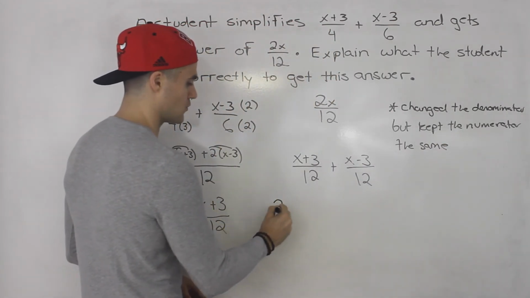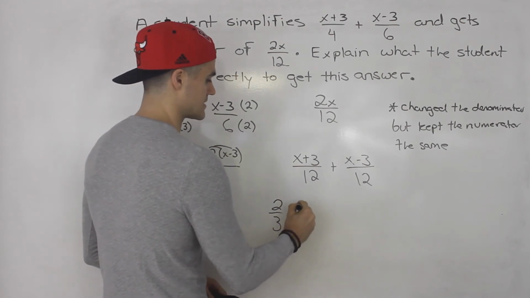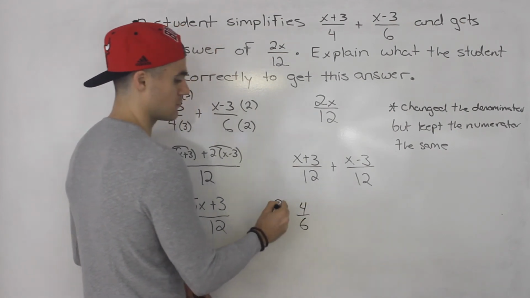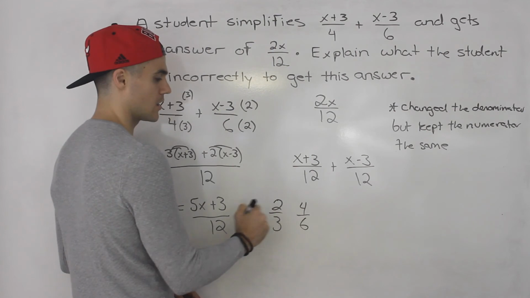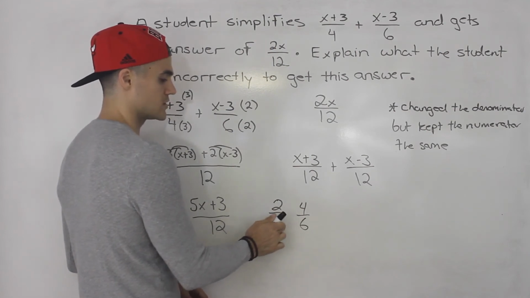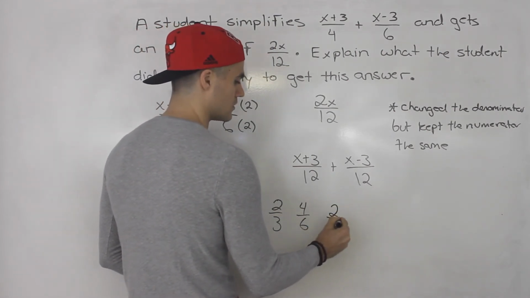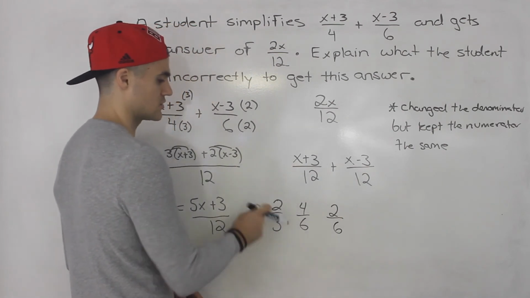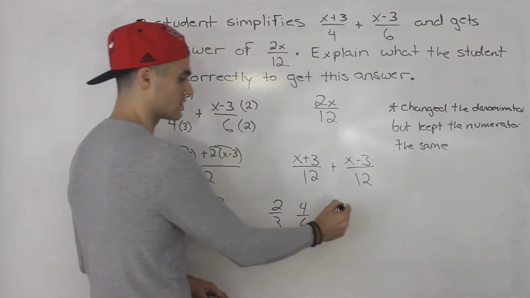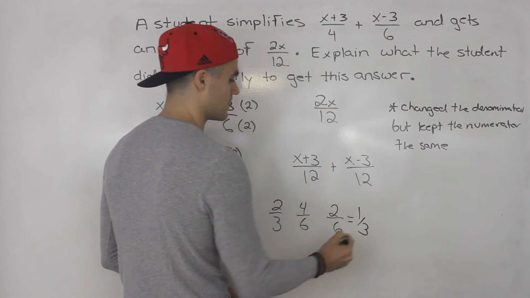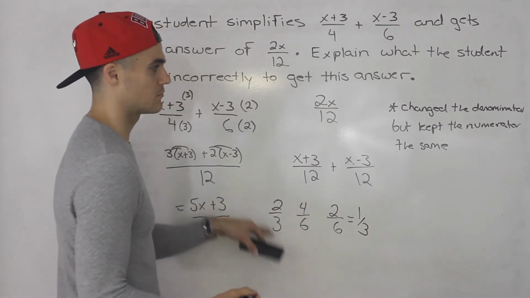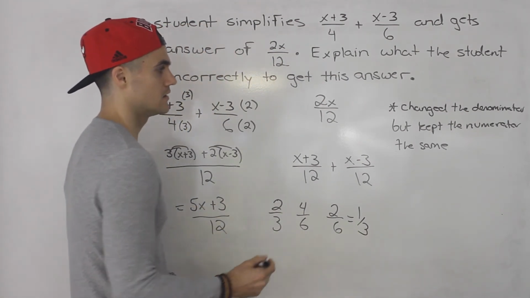So for example, 2/3 is the same as 4/6, right? If we multiply both the numerator and the denominator by 2. But if we just multiply the denominator by 2, we would get 2/6. And 2/3 and 2/6 are different. 2/6 simplifies to 1/3. So you've got to keep everything in proportion, right?